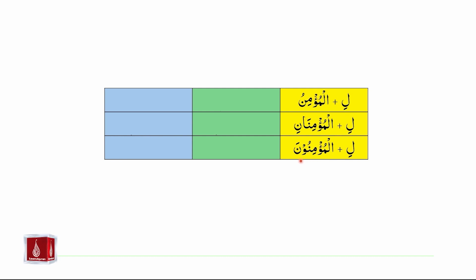So let us see what happens after we add Laam harf jar to Al-Mu'minu, Al-Mu'minani and Al-Mu'minuna. We will have Lil-Mu'mini, Lil-Mu'minaini, Lil-Mu'minina. Laam harf jar plus Al-Mu'minu will make Al-Mu'minu into Al-Mu'mini.